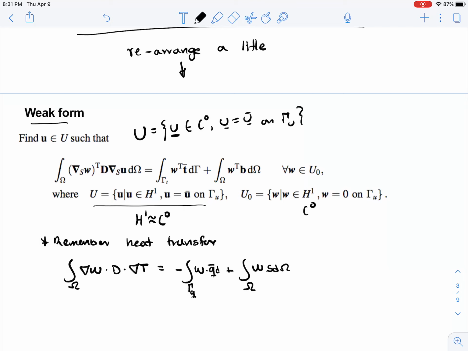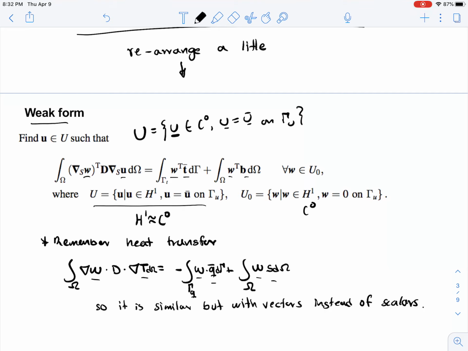So it looked very similar. The difference being that in the heat transfer problem, these were scalars; here they are vectors, because there's an x and a y component.